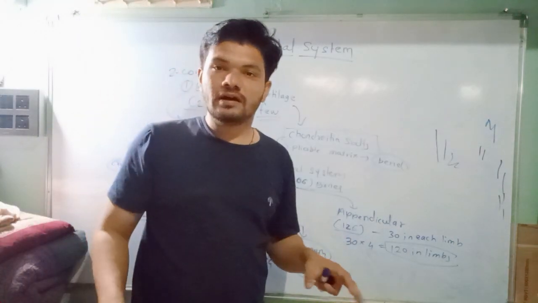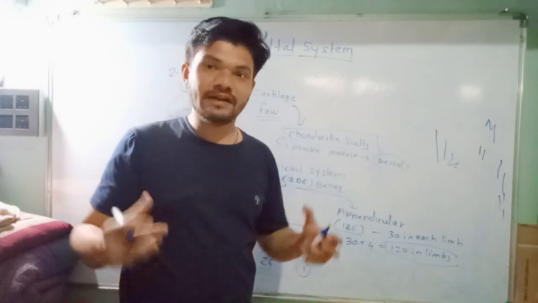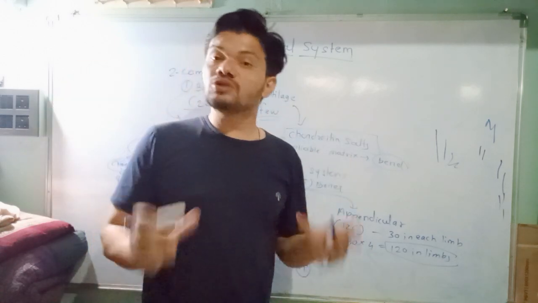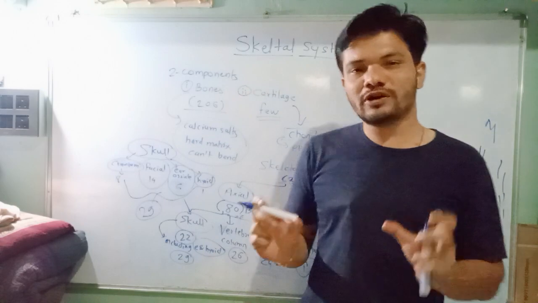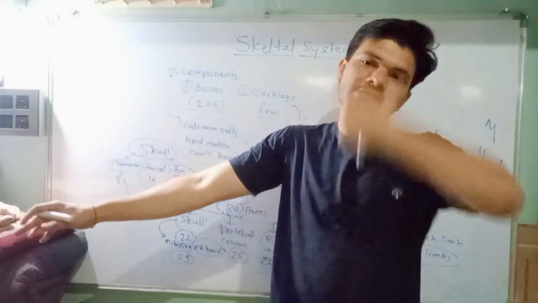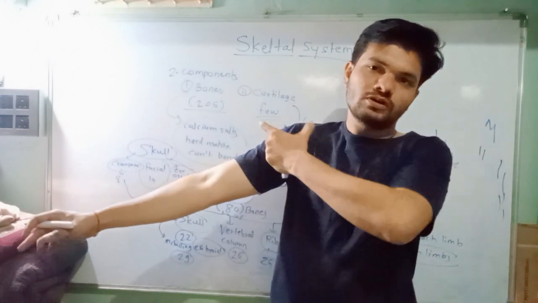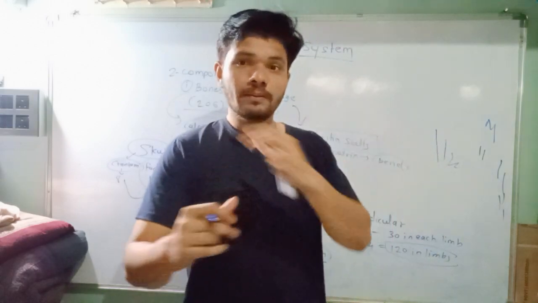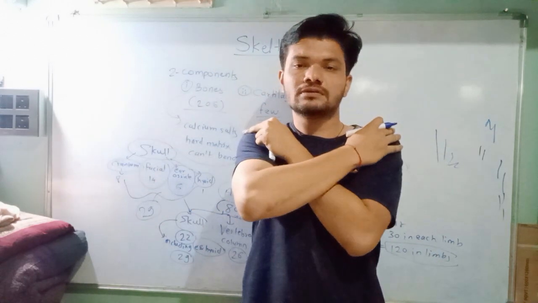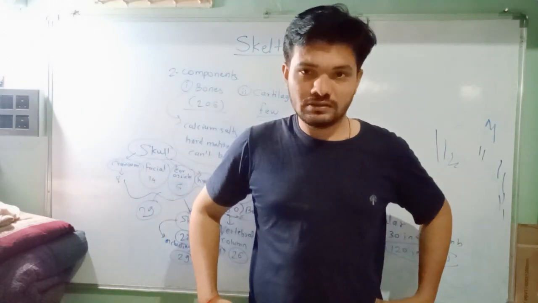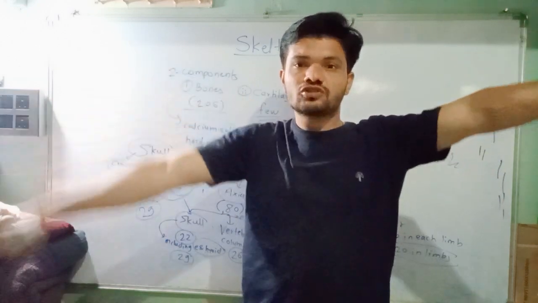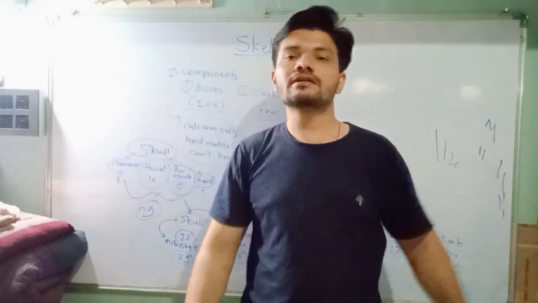So the 6 bones are present in your girdles. A girdle is a bone which attaches your limb to your axial skeleton. Girdles are of 2 types: the pectoral girdle and the pelvic girdle. Pectoral joins your hands to the axial skeleton.